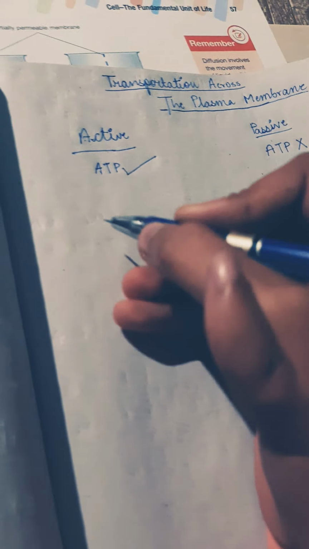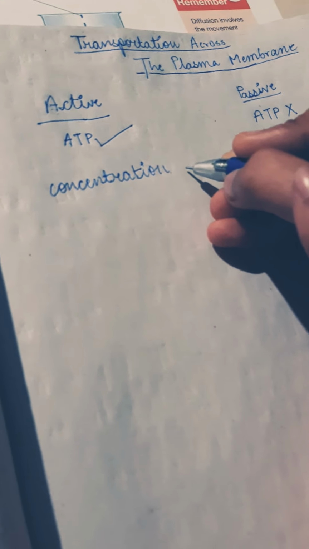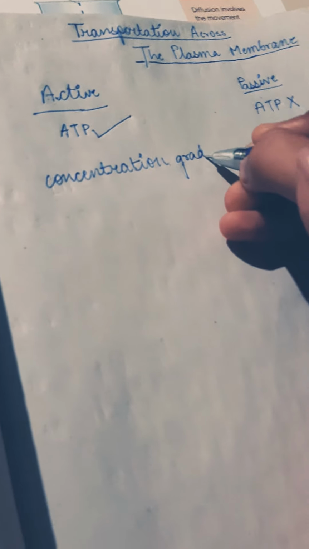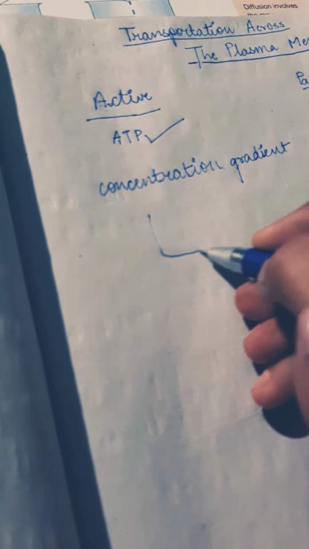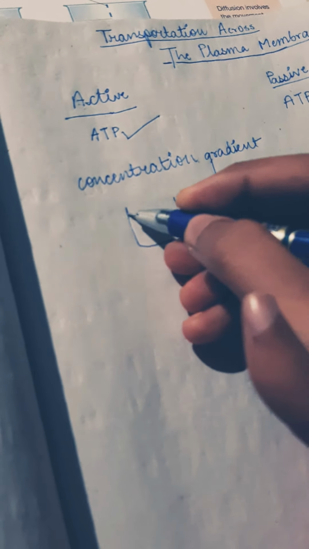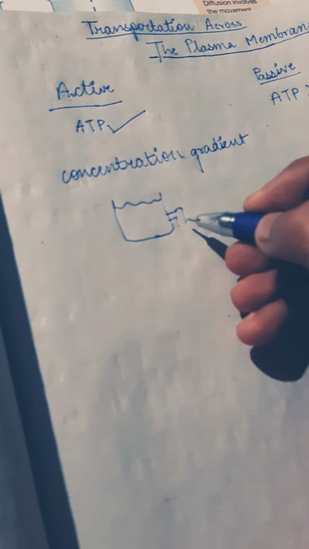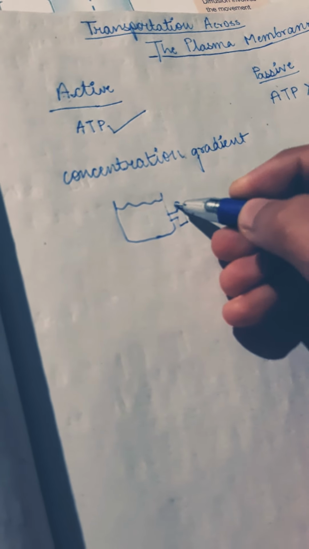This is because there is a thing called the concentration gradient, that we know as higher to lower concentration. Like, see, if this is a bucket full of water and it has a tap here to open.